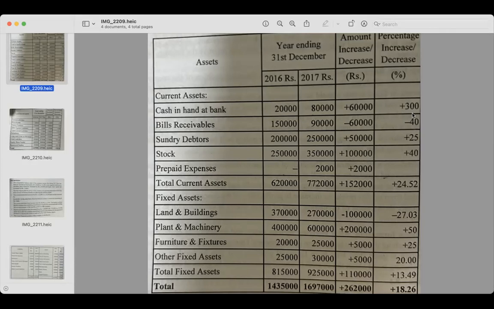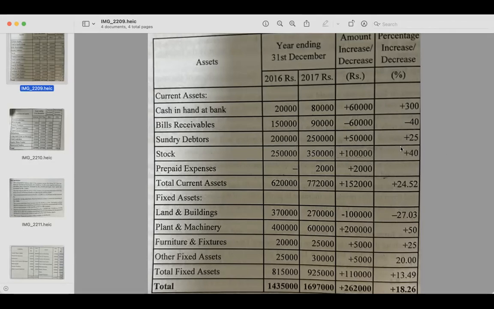Likewise, sundry debtors, 2 lakhs and 2,50,000. There's an increase of 50,000, therefore indicated with plus. 50,000 by 2 lakhs into 100, 25% increase. Likewise, stock, 2,50,000 and 3,50,000, 1 lakh increase by the original amount, 2,50,000.